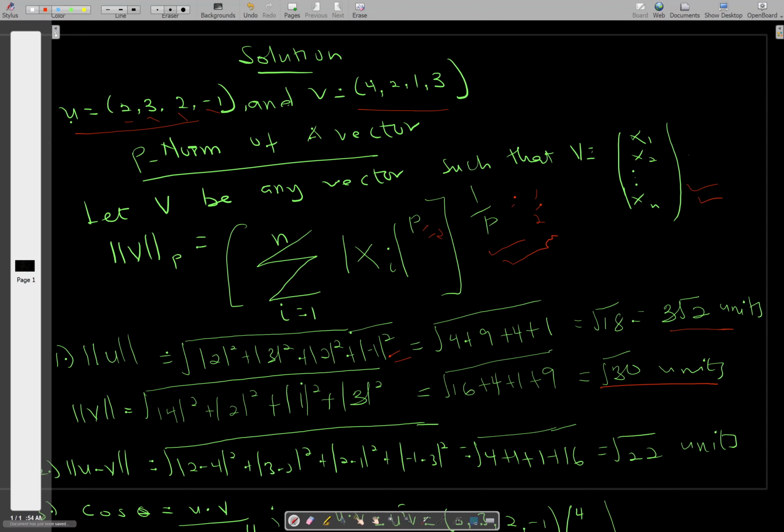When you have two points, u and v, and you want to measure distance, you can stand at u and measure the distance from u to v, or you can begin at v and measure the distance from v to u. They are the same. So instead of u minus v, you can also use v minus u.